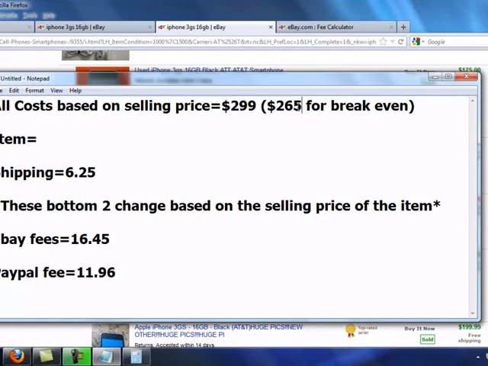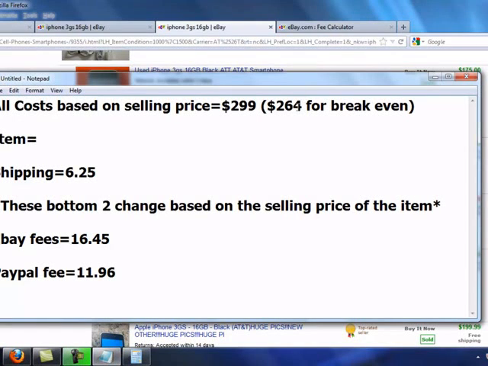You know what? I'm messing up here. I forgot it's $299. I'm thinking $300, but anyway, you get to the point. $264 is the most that I could pay to break even.